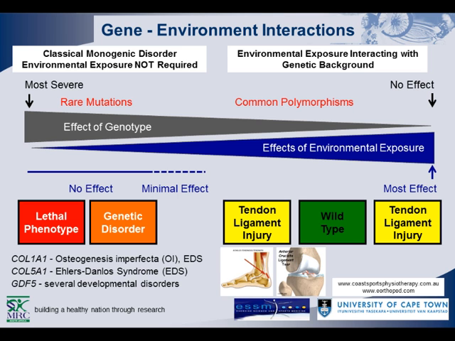If you knock both copies out, it's lethal. If you have one mutation, it can cause Ehlers-Danlos syndrome. You can have other variations where they have minimal effect, or on the other extreme, you have common polymorphisms with a greater environmental exposure which can result in injuries such as ligament or tendon injuries.